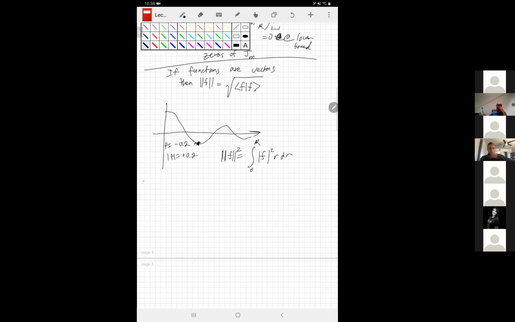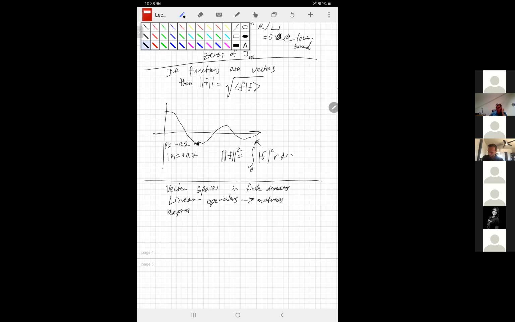Well, when we spoke of finite dimensional vector spaces, we had linear operators, and we can represent linear operators with matrices because we can represent the vectors with column vectors.